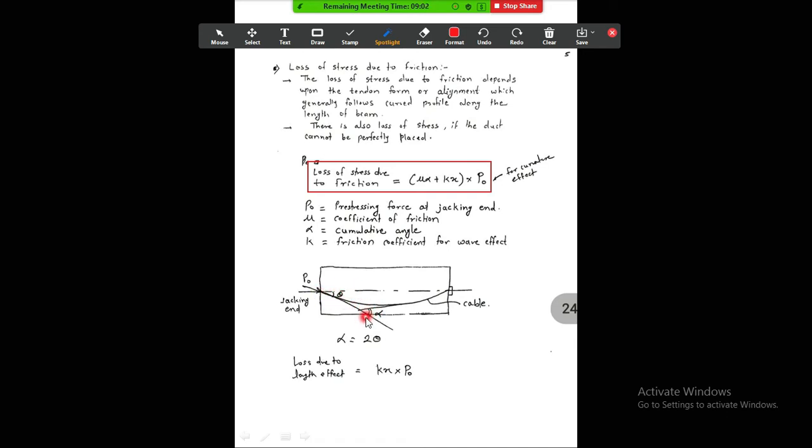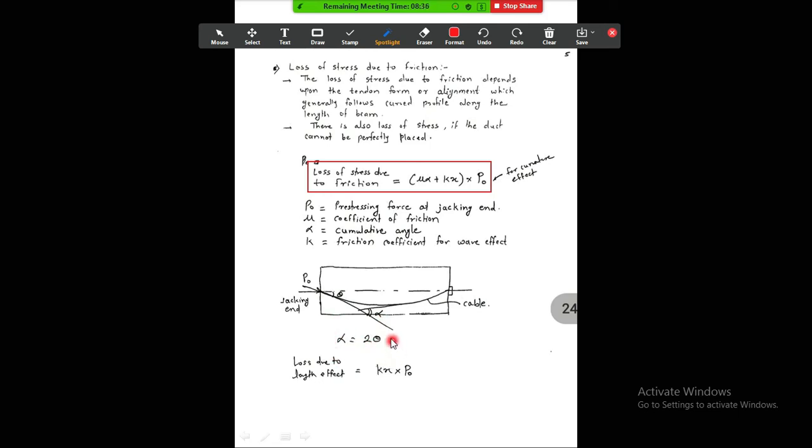Then alpha is this external angle. This is the tangent line from the point where the theta angle is, and the second tangent line is from the point where the second end is. When these two tangents meet each other, the angle subtended by them is alpha. Generally, alpha is equal to 2 theta.